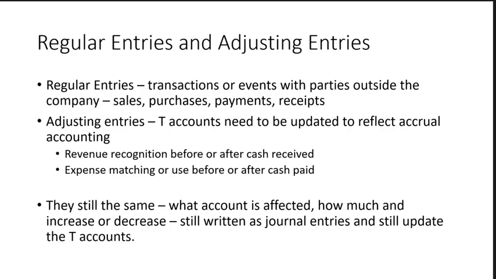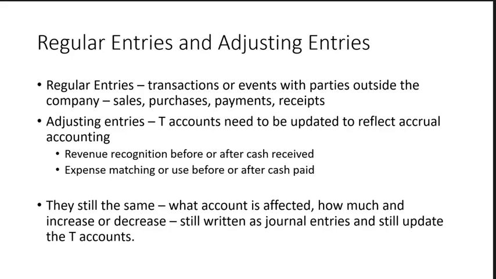Now, that brings us to the second kind of entries, and that's adjusting entries. Don't get me wrong, there is still a debit and a credit. It's still written the same way. It still looks like a journal entry. It still gets updated to the T accounts the same way.